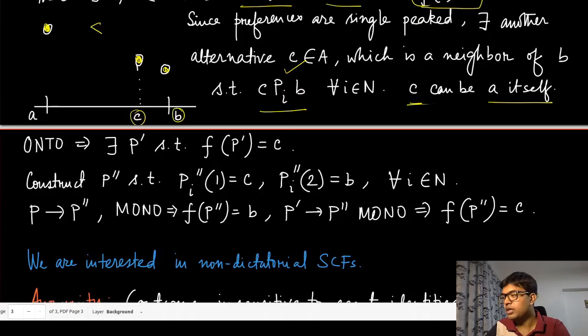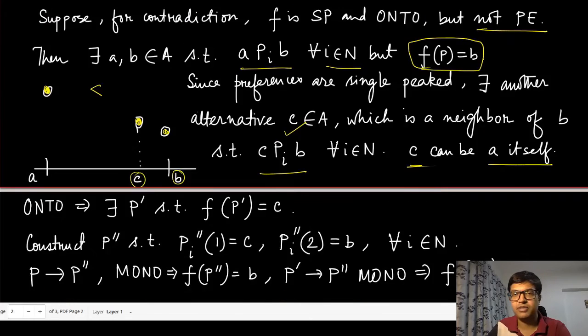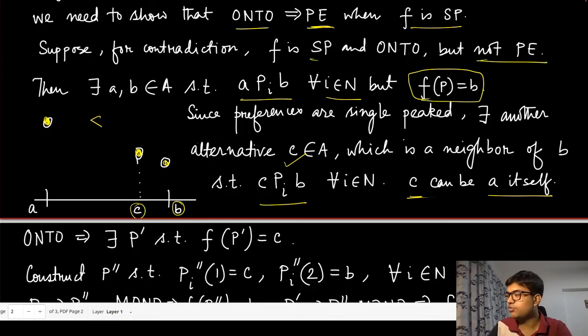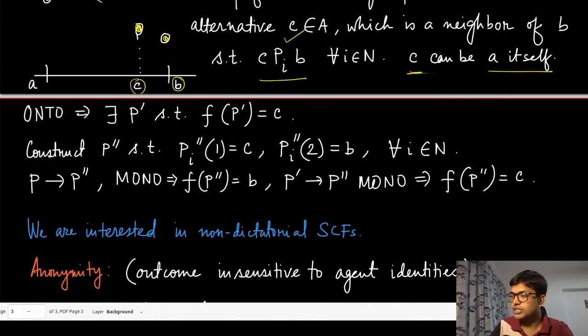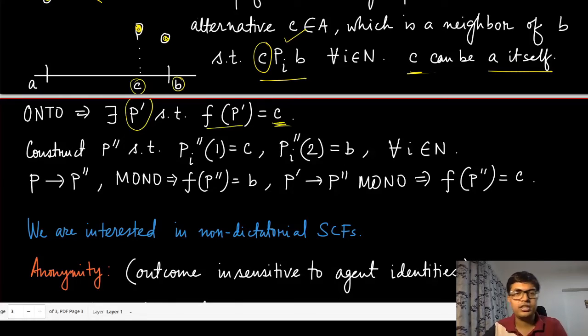Alright, so now we also know from the definition of ontoness, because we have assumed that F is strategy proof and onto, that for this particular C that we have found just now, there must exist some preference profile P prime such that the social choice outcome of that P prime is actually equal to C. So that is an implication of ontoness.